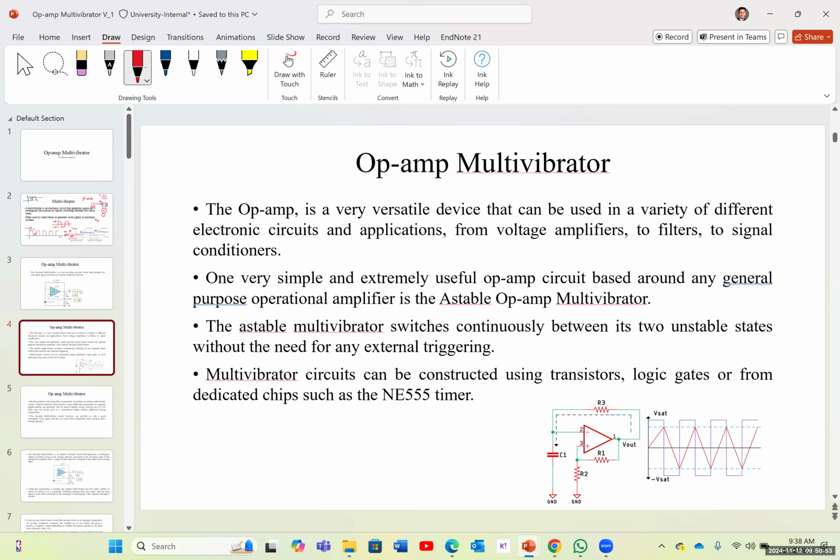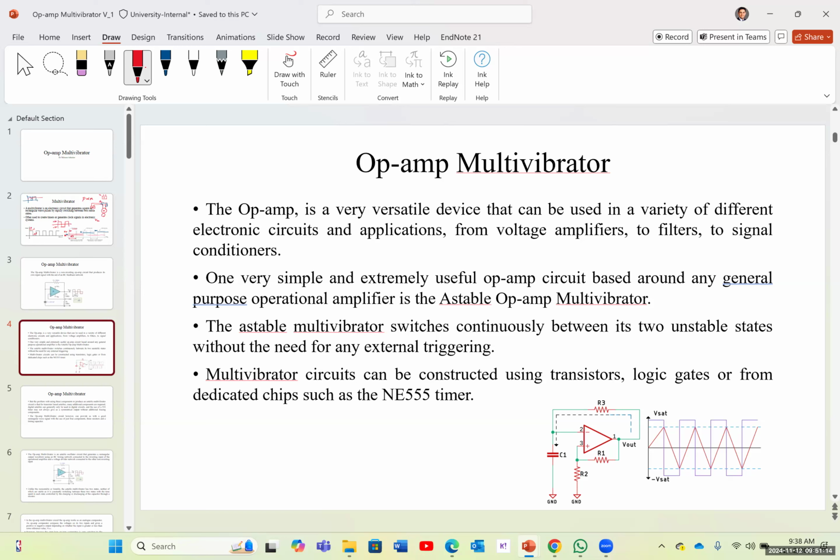A lot of applications over there. Or we can use them as signal conditioners. But another very useful application of op-amps is using them as an astable op-amp multivibrator.